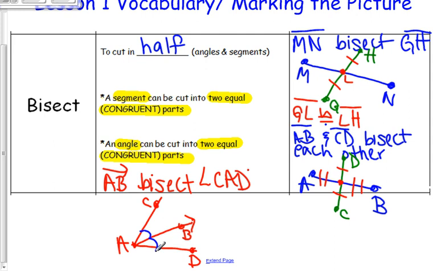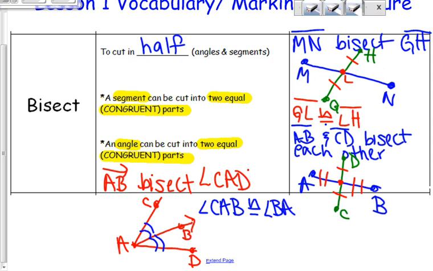Okay. Now notice that they each have one arc signifying that they are the same. They could have had two, right? They could have three, they could have four, but the marking itself needs to match so that we know that they are congruent. Okay, and we again could take this one step further and we could say that angle CAB is congruent to angle BA, oops, went the wrong way there, is congruent to angle DAB.